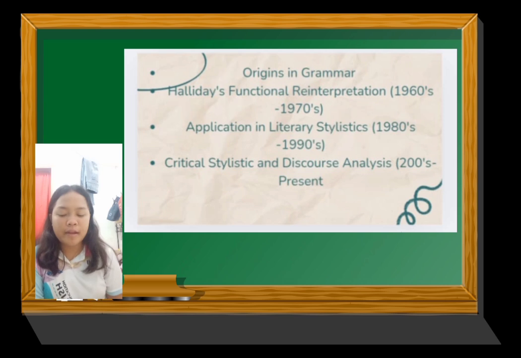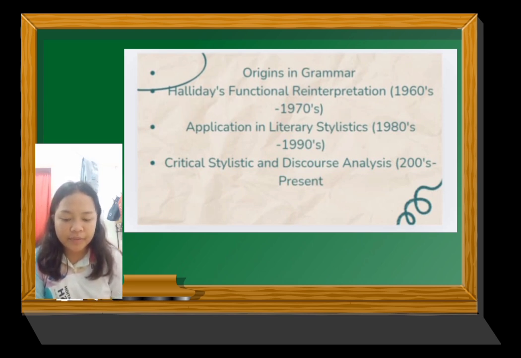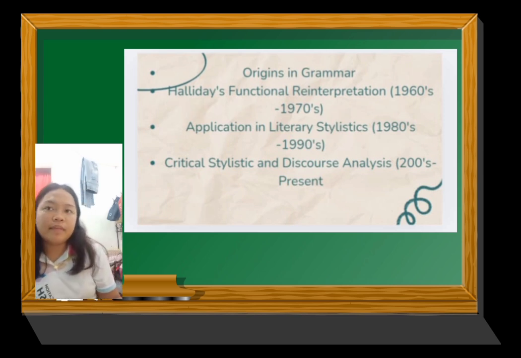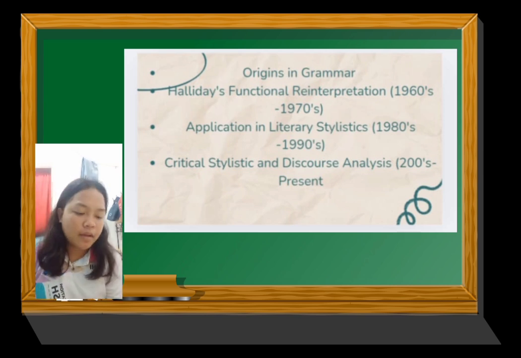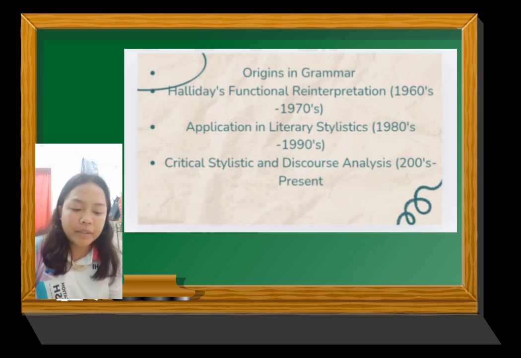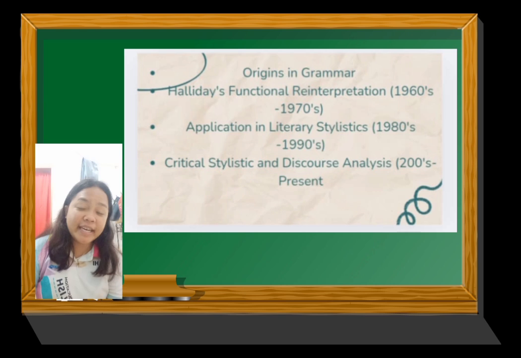Next, we have the application in literary stylistics. This came from the 1980s to the 1990s and going to the present. Scholars began using transitivity to analyze character portrayal, point of view, and power dynamics.